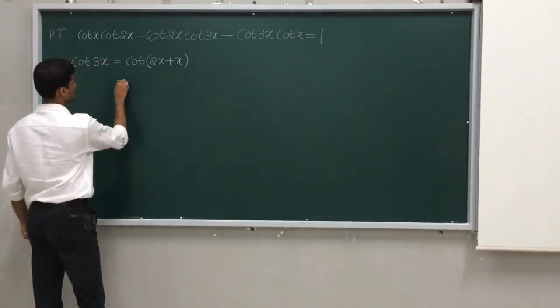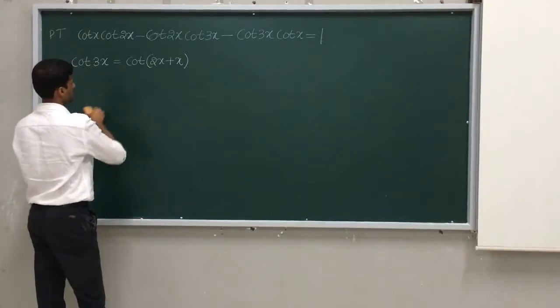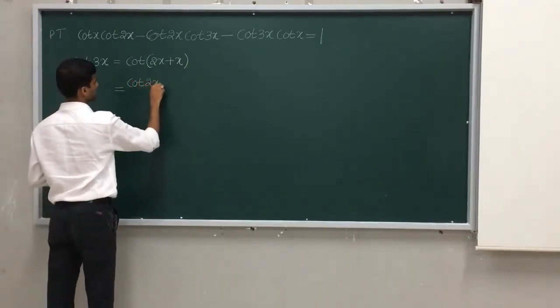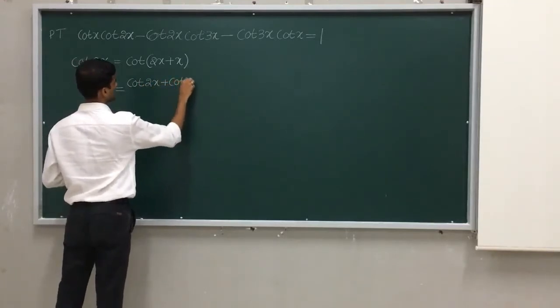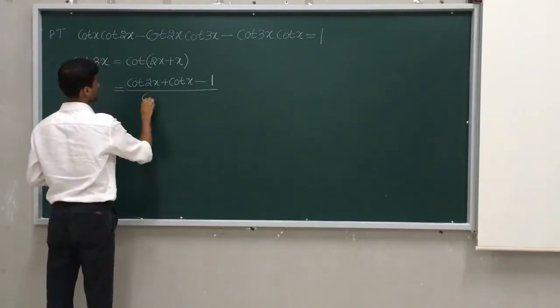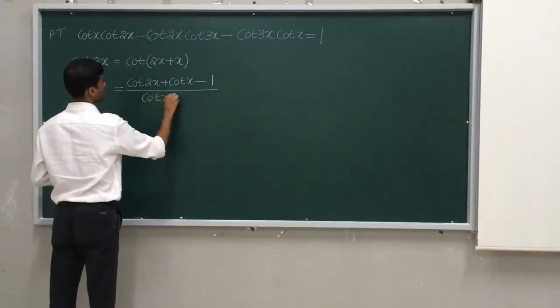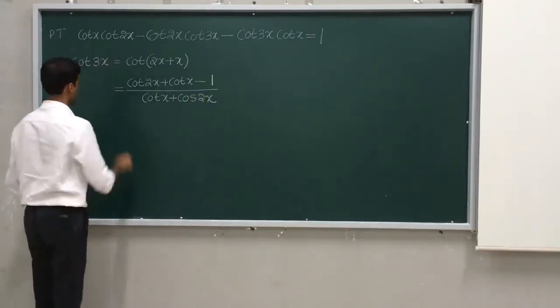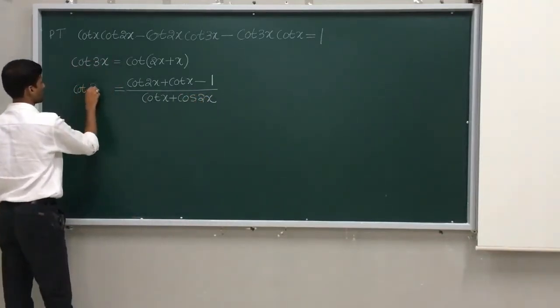And we all know cot of x plus y result, we discussed in our previous videos. Cot x cot y minus 1 upon cot y plus cot x, that is cot 3x, right?